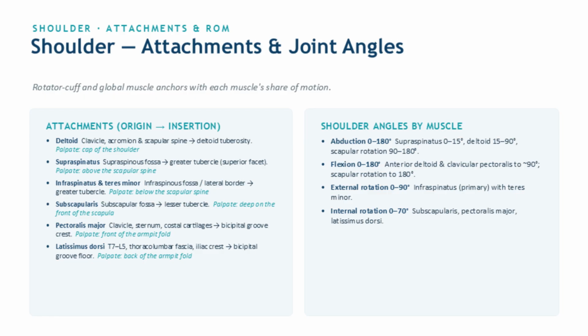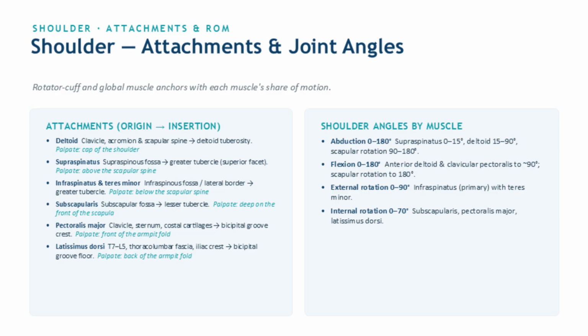Shoulder attachments and joint angles. The shoulder muscles attach to several structures, including the clavicle, scapula, humerus, sternum, ribs, vertebral column, and pelvis. Because of these extensive attachments, shoulder movement often involves coordinated actions throughout the upper body. As you review these muscles, think about how their origins and insertions determine the direction of pull and resulting movement.